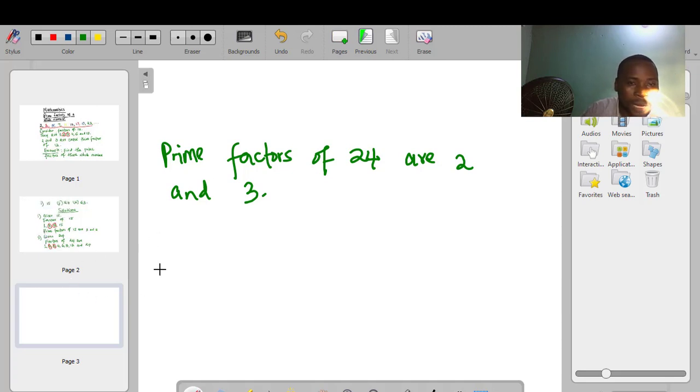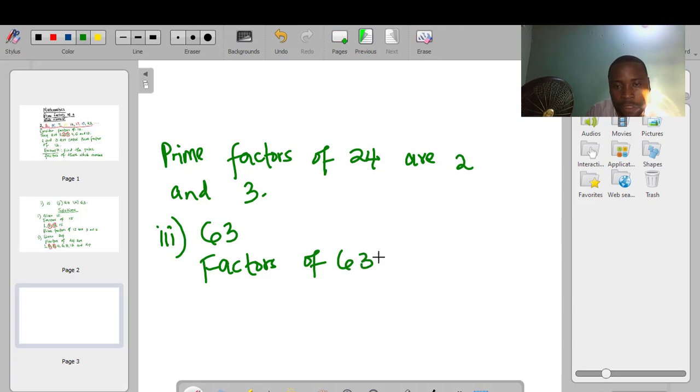All right, let's look at the final one, which is 63. So factors of 63 are, 1 is a factor of every number. So 1 is a factor of 63, and 2 is not a factor of 63. Obviously, 63 is an odd number, so 2 cannot be a factor of 63.